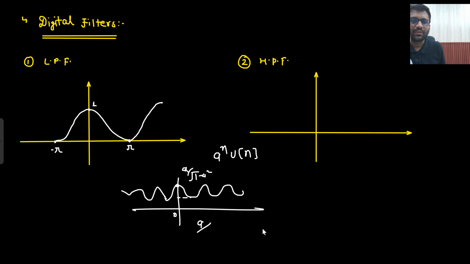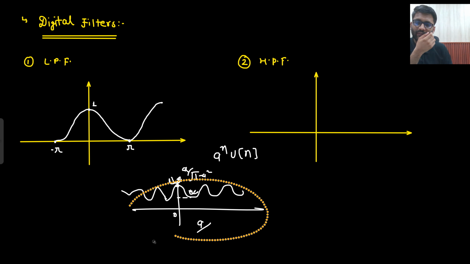So the gain was not 0, but the point was that lower frequencies are being passed with a higher amplitude and higher frequencies are being passed with a lower amplitude. That means it is a kind of low pass filter only. Not an ideal low pass filter, but a kind of low pass filter only.